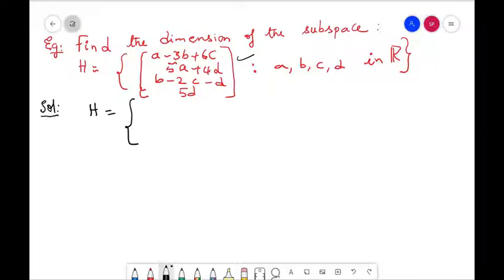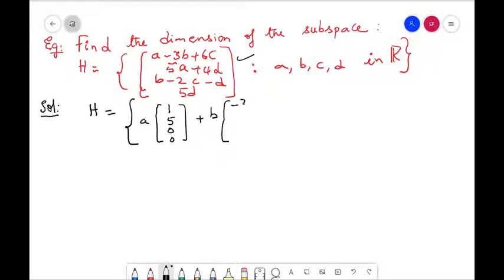In this vector you have a, b, c, d, 4 parameters. So I can write it as a times, what is the coefficient of a? 1, 5, 0, 0, plus next the second parameter is b.